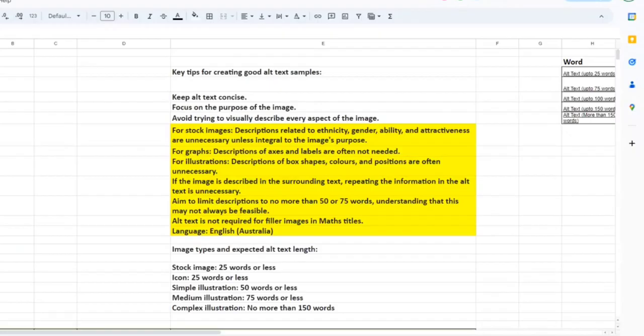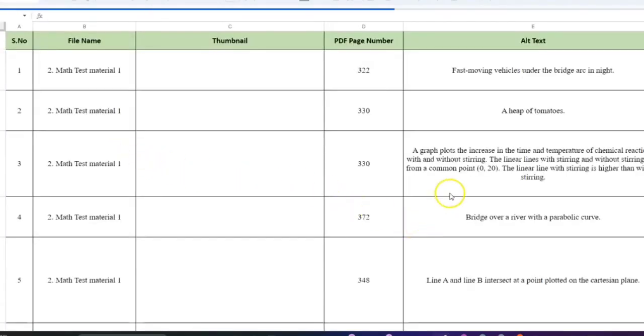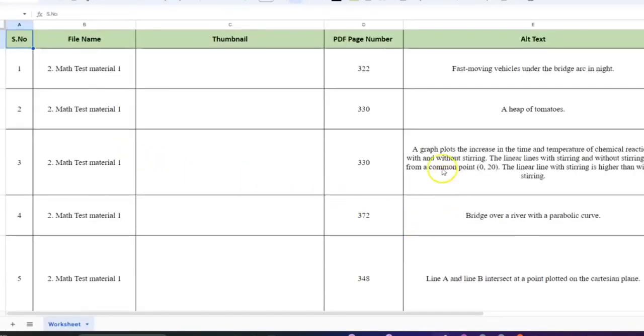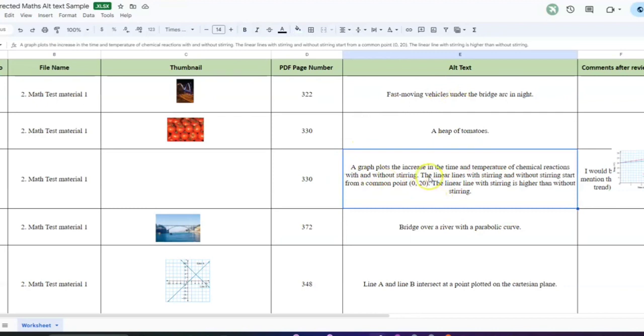Do you have any query? I think you have a basic idea of the keyword and the purpose of alt text. Is it clear? Yes, sir. Okay. Alt text means we require candidates for math alt text and science alt text. Check the approved sample and you must understand the formatting and language of the particular text, because the basic guidelines are the same, but sometimes some clients require different kinds of sentence framing.